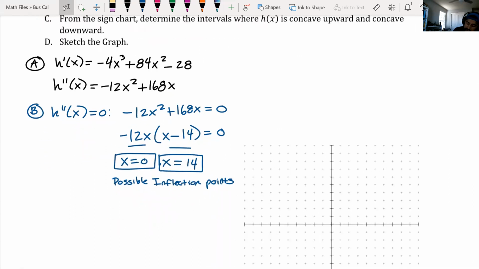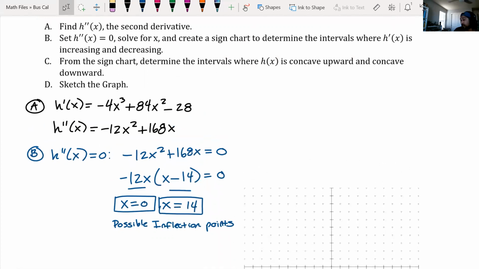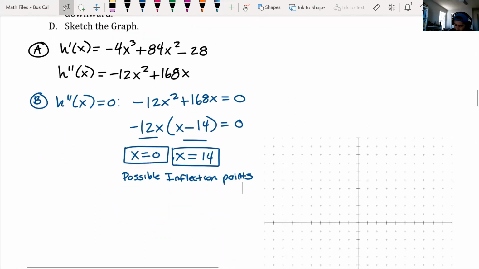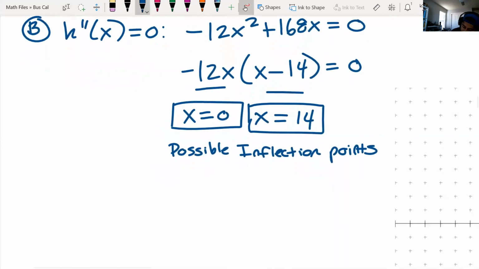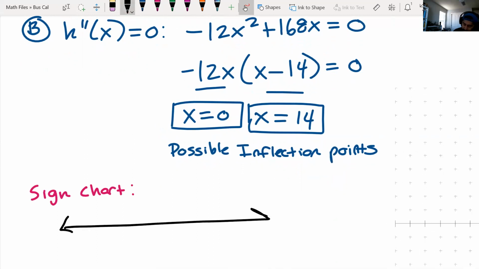Okay, so after we find the possible inflection points, we are going to plot them on a sign chart. So I think this is still step B. So I'll say sign chart. And there we go.